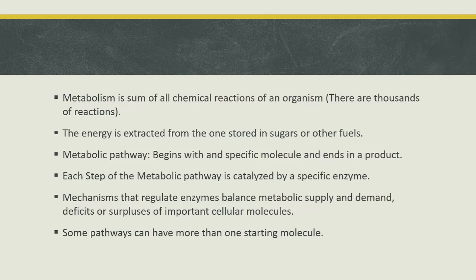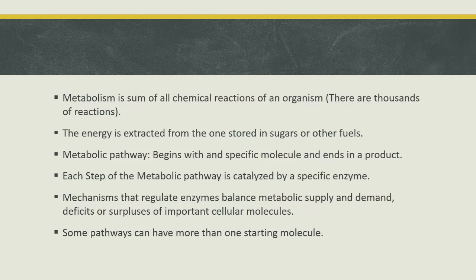Then, what is a metabolic pathway? Generally speaking, it's quite the same thing as metabolism, and it begins with a specific molecule and ends in a product. So that's the basic idea of a metabolic pathway. Each step of a metabolic pathway is catalyzed by a specific enzyme. This is something really important you should understand, because this is a cornerstone of the specificity of enzymes.